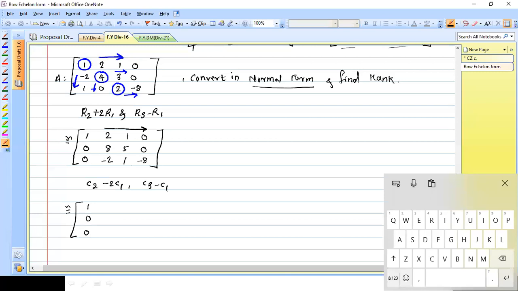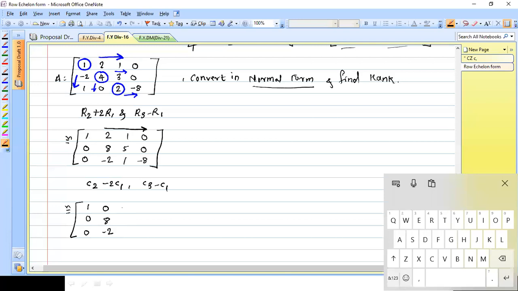The rest remains as it is, because C1 is 0 all the time. C2 and C3 remain as they are. Because of that, it becomes 0, it becomes 8, it becomes -2.